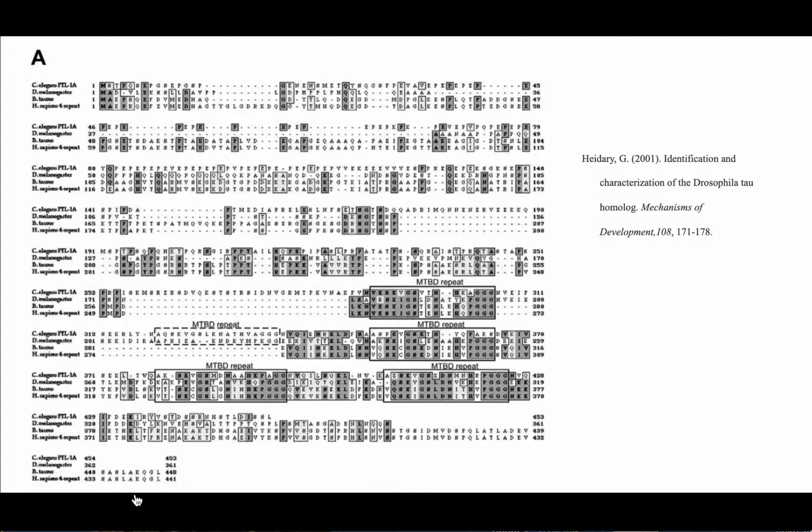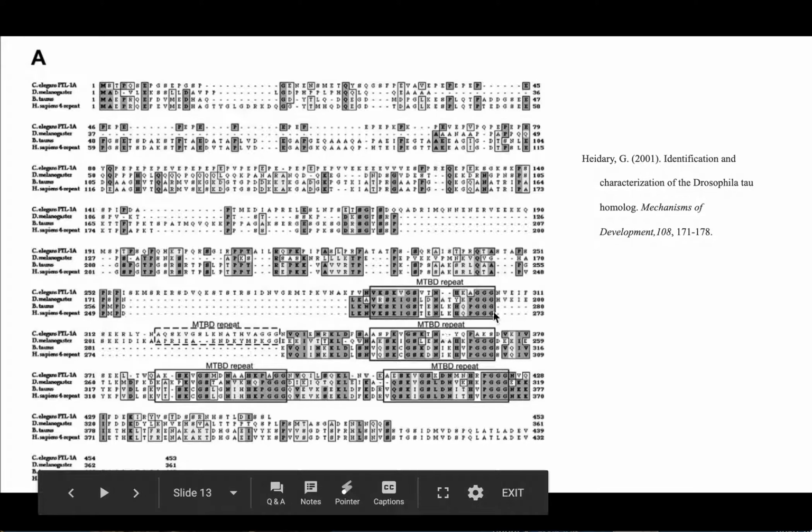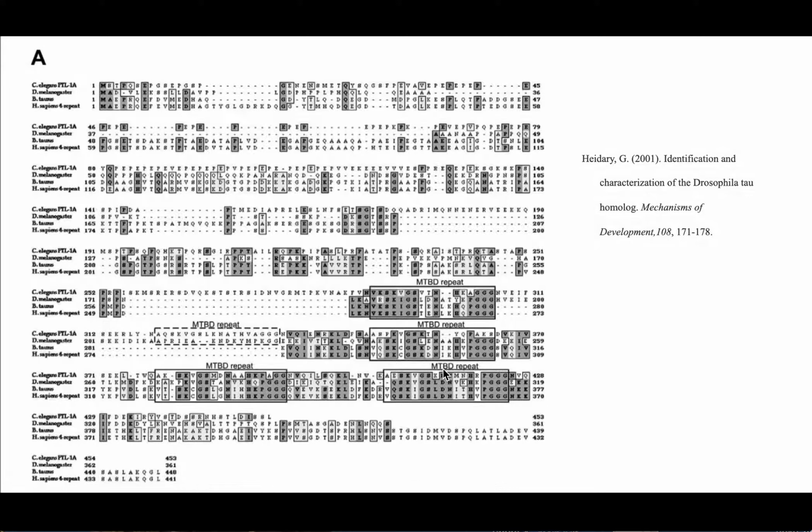And so fruit flies also have a conserved unit. That is very important. So this MTBD repeat. Those are the repeats that are like the 4R, the 3R repeats.